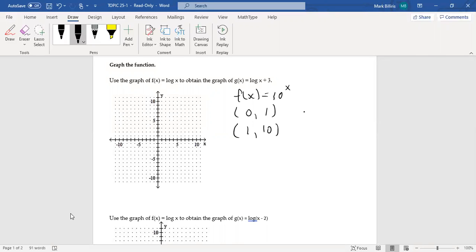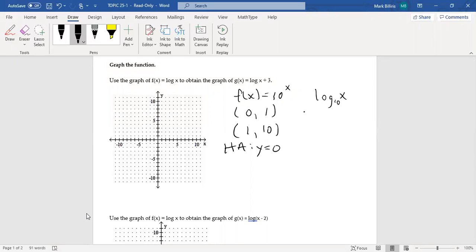We also know that it has a horizontal asymptote at y equals 0. That means the graph approaches 0, but never goes through 0. When we look at a logarithmic function, we'll take log of x, and remember that's understood to be base 10, even though it's not shown, so I'm going to write it anyway.